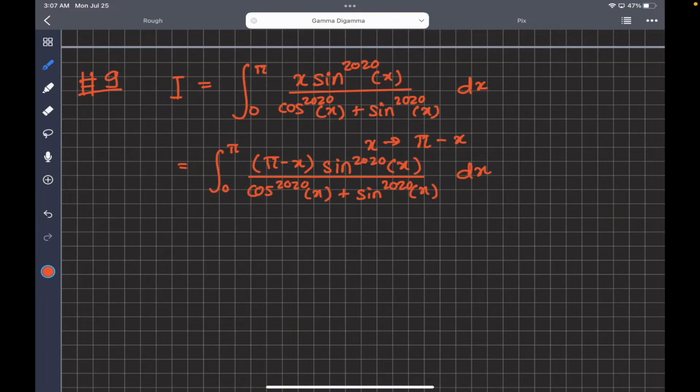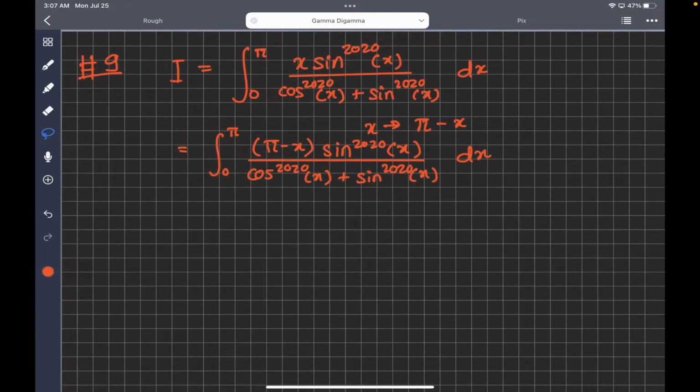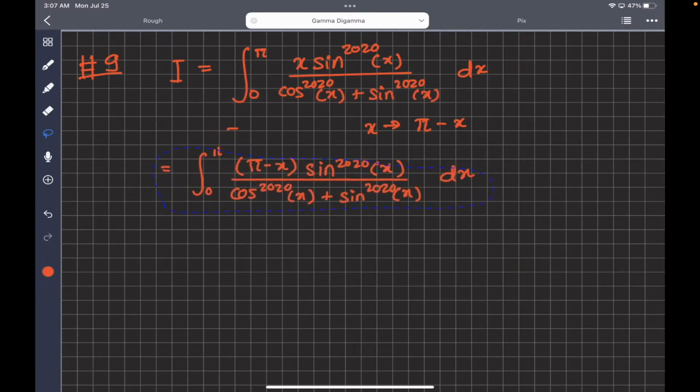The beautiful thing about this procedure is this linear term x disappears. It cancels itself out. Why? Because this is also I. If you add I and I together, the x goes away and we just have this residual pi outside, and then everything else is the same.